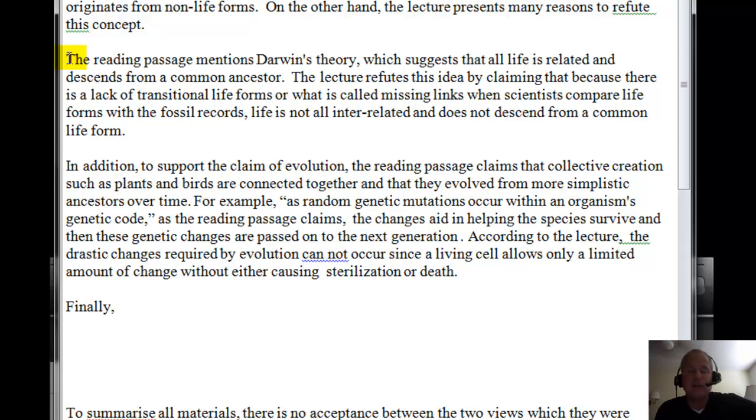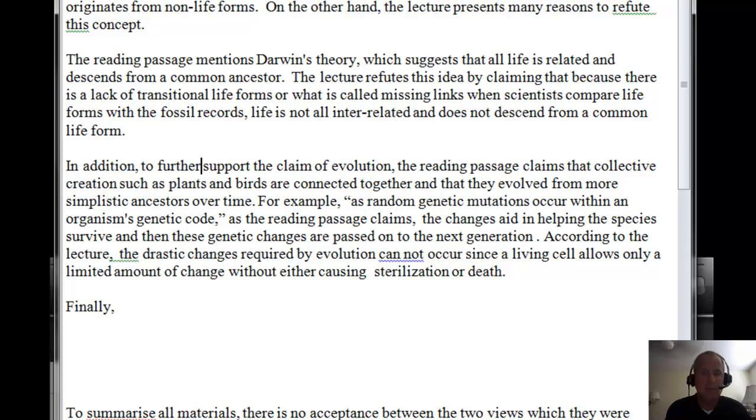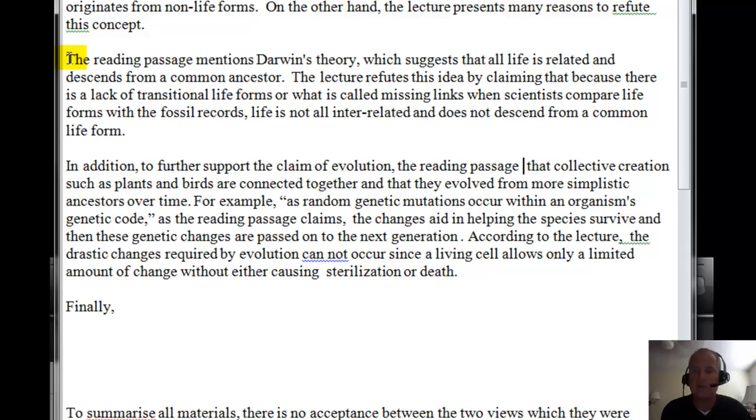In addition, to further support the claim of evolution, because we've already made one claim in that second paragraph, the reading passage claims, we already said claims, didn't we? So let's say argues or asserts.